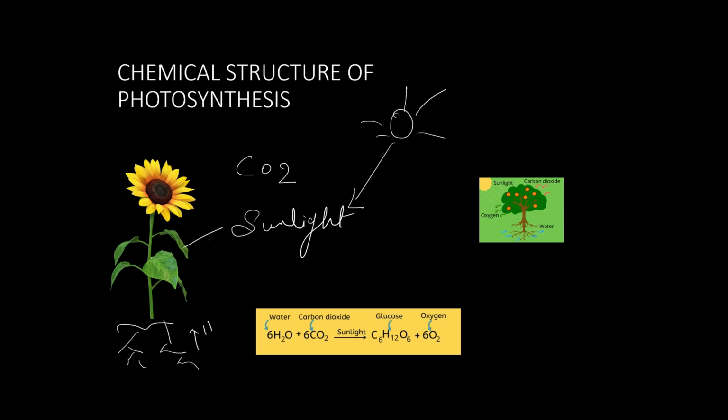These water molecules are absorbed by the roots and transferred to the leaves, where the sunlight, carbon dioxide and water perform the photosynthesis reaction. So this is the chemical reaction of photosynthesis, or the chemical structure of a photosynthesis reaction.